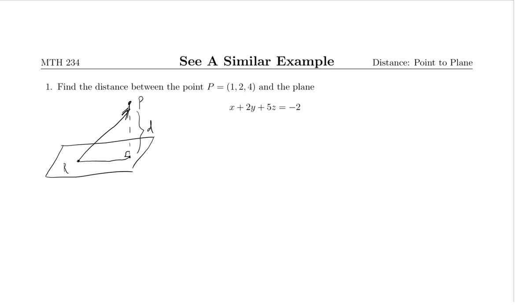We also have the normal vector to the plane, which I'll write as little n. And if you take this right triangle that we drew and flip it over the hypotenuse, you'll see another right triangle, like this.